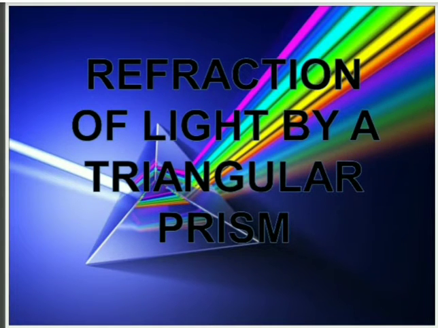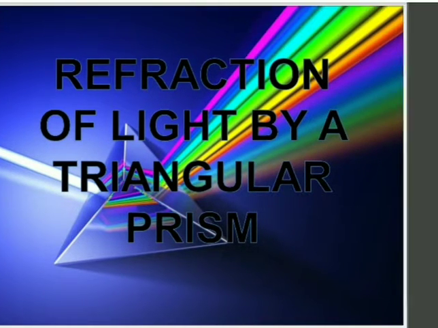Therefore it is called a triangular glass prism, and the angle between 2 lateral surfaces is called the angle of prism. Students, all these angles and everything we will do in a separate class when I take refraction of light by triangular prism.